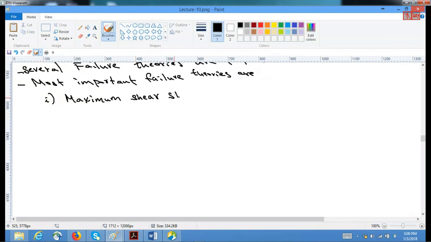Shear stress theory. This has been done by several people like Coulomb.